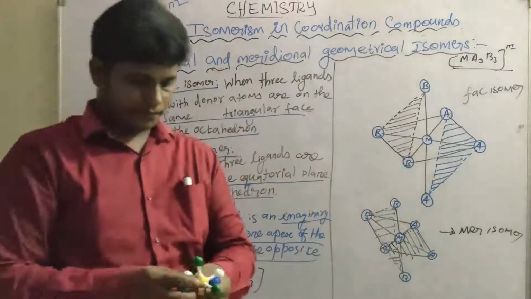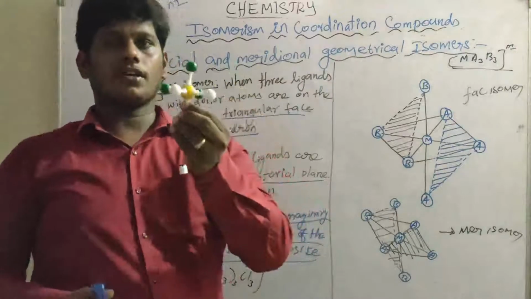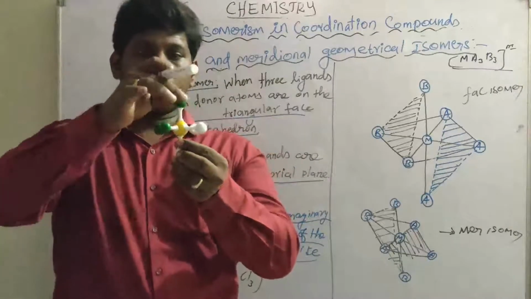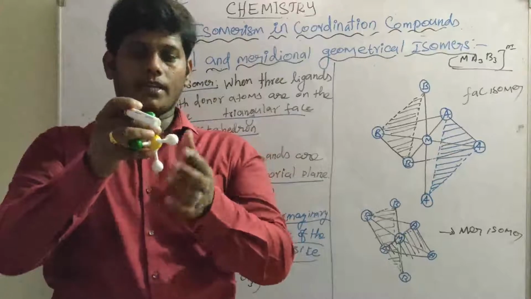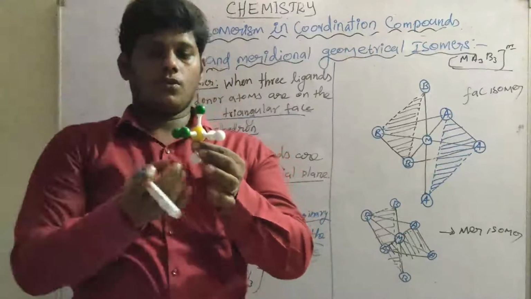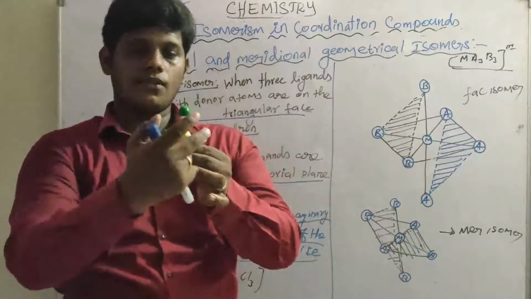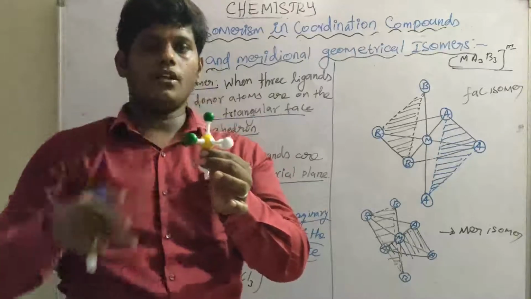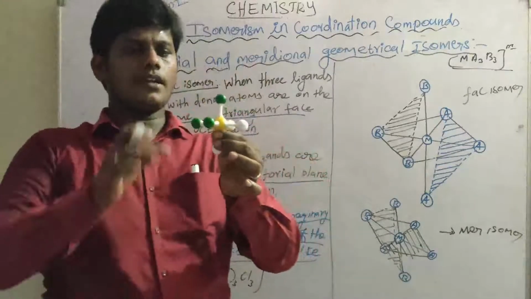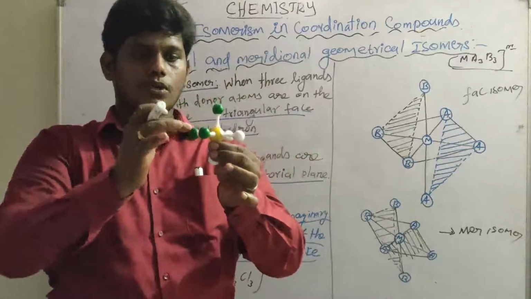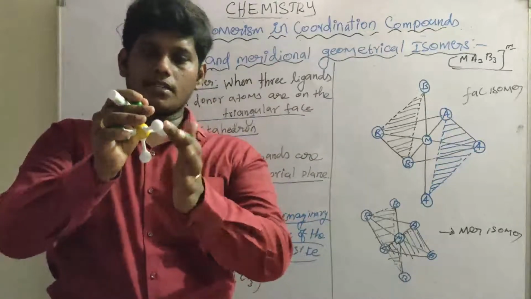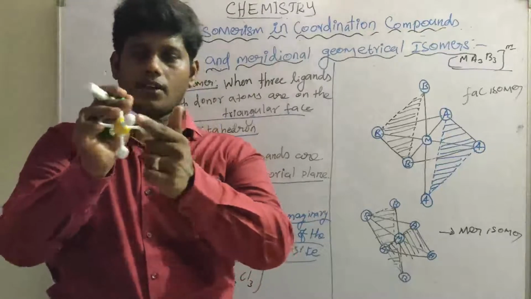You see the example of octahedral facial meridional isomerism. The green balls are A ligands and the white balls are B ligands. One ligand is in an axial position, and others are in equatorial positions. These four ligands are in equatorial positions, and these two ligands are in axial positions. Now, for these A ligands 1, 2, 3, it is the same triangular face. Similarly, this is the same triangular face.